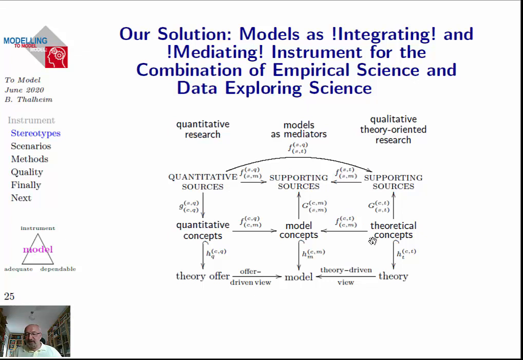In this case, we have now the model as a mediating means in the sense of Morrison-Morgan. And this is the way how we do it in general in data science or data exploring science. We use our data and we reflect these data later by concepts and use models as a mediator between the two.